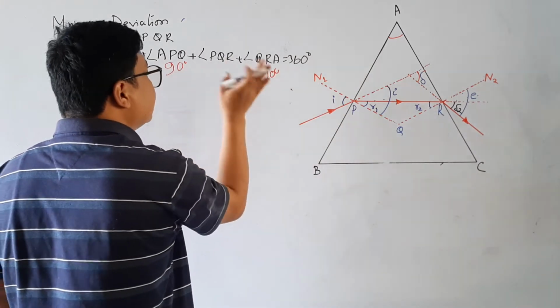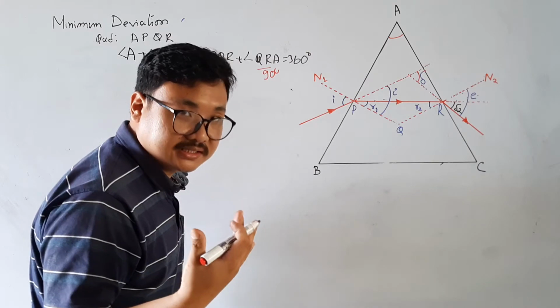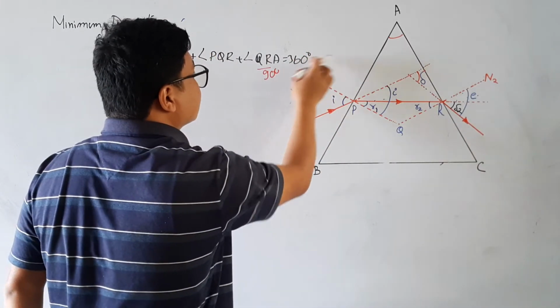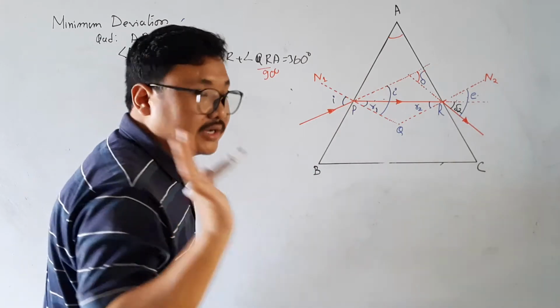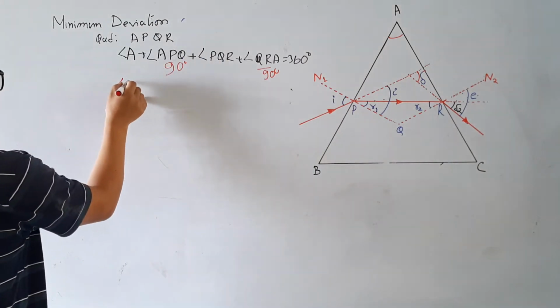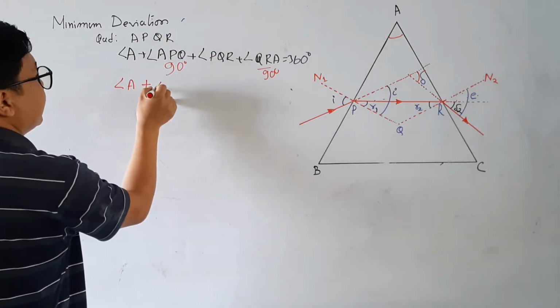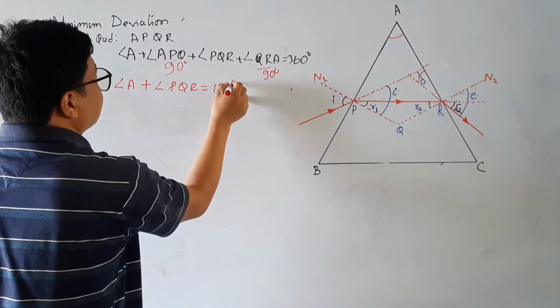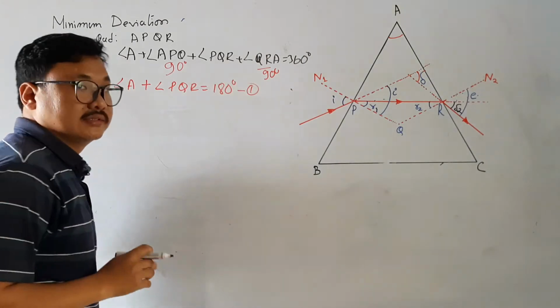So 90 degrees and 90 degrees give me 180 degrees, and I take this to the other side. So 360 minus 180 degrees is 180 degrees. Then angle A plus angle PQR is equal to 180 degrees. Say equation number 1. Is that clear?